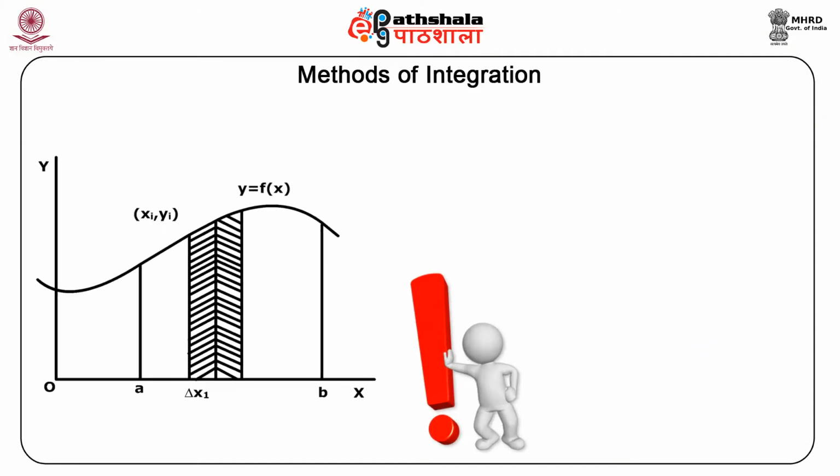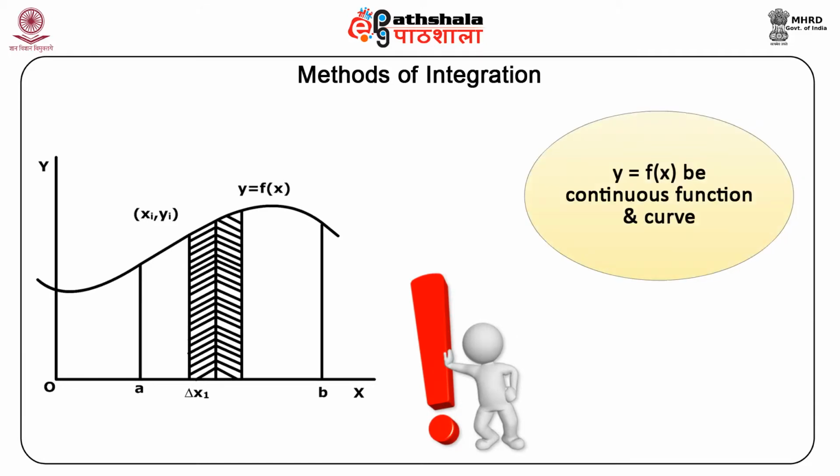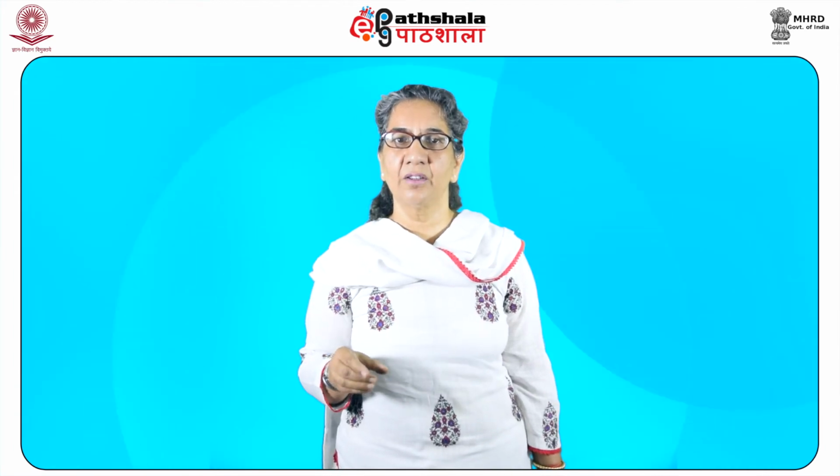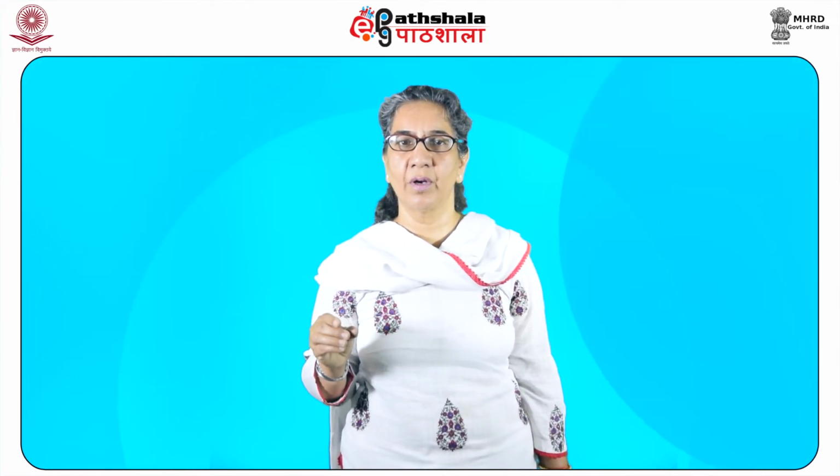Let us discuss definite integral as an area under the curve. Let y equal to f(x) be a continuous function and its curve. Suppose that we want to find the area enclosed by the curve and x-axis between two points A and B in the domain. This area can be divided into n strips, each with width equal to delta x_i, where i is equal to 1, 2, 3 up to n.